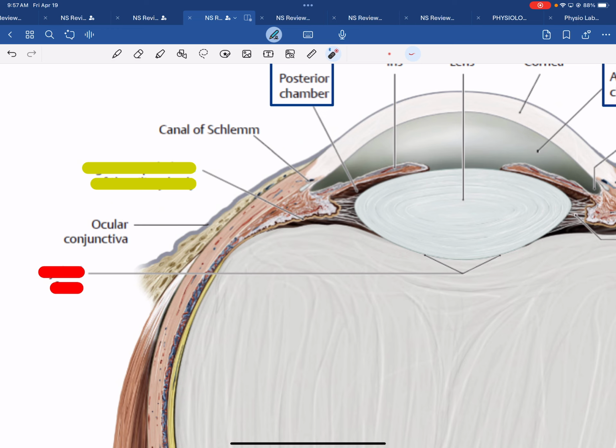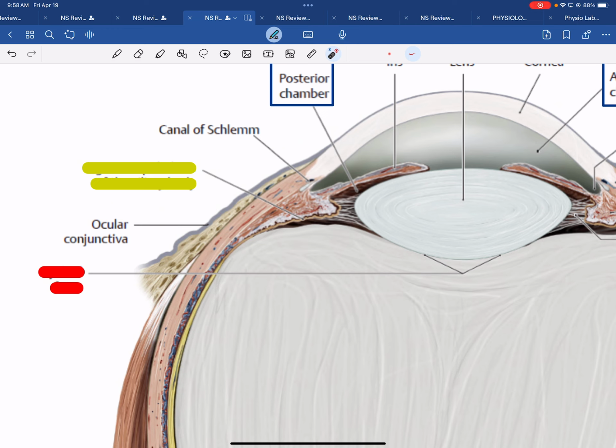What's the function of the conjunctiva? Protection. Okay, good. Protection against what? Protect, lubricate, and reduce friction. Okay, good. So mucus, and protection against microbes or particles entering the orbit, a physical barrier.